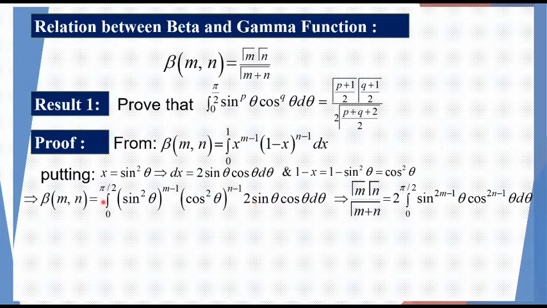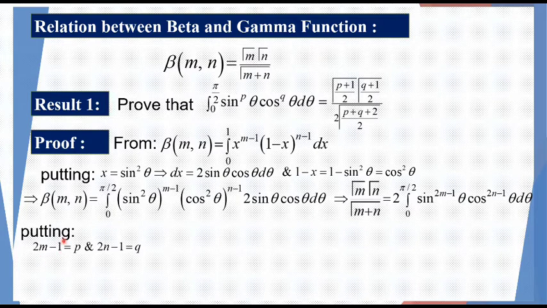This 2 comes outside the integration and this is sine raised to power 2m minus 2, and one sine is from here. So it will be sine 2m minus 1 theta and the same as cos 2n minus 1 theta d theta.